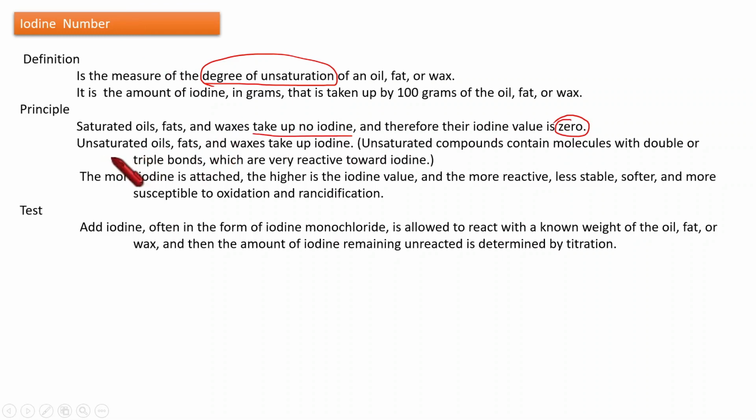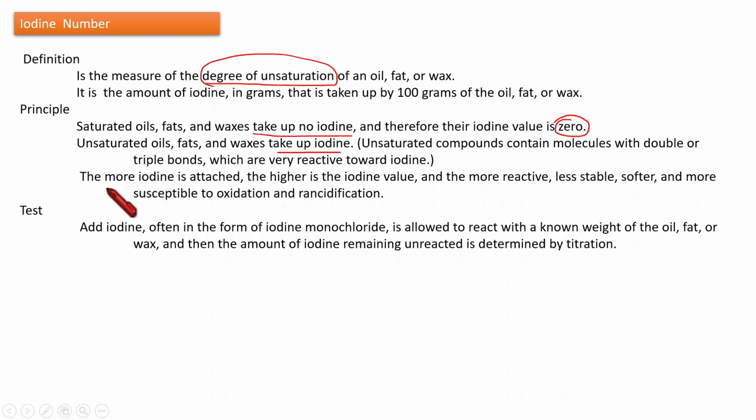And in the case of unsaturated oils, fats, and waxes, as unsaturation is there, they can take up iodine. So, as the iodine number is high, that indicates that oil or fat is that much unsaturated.